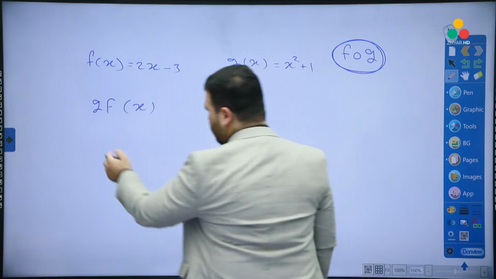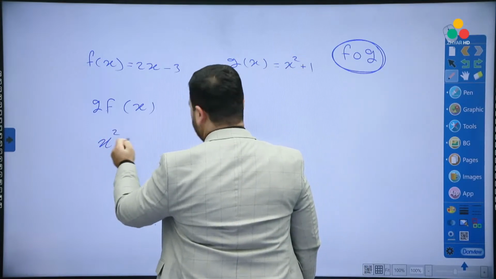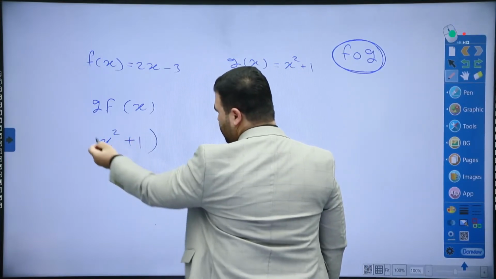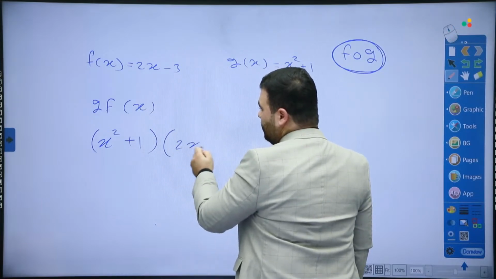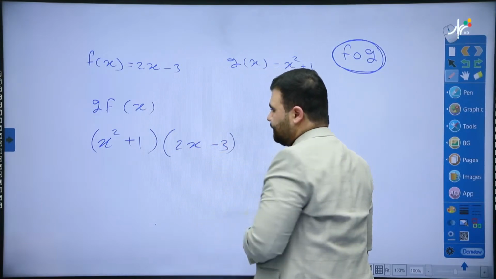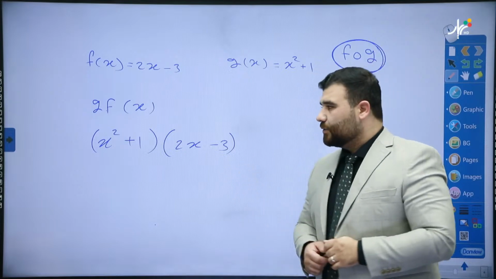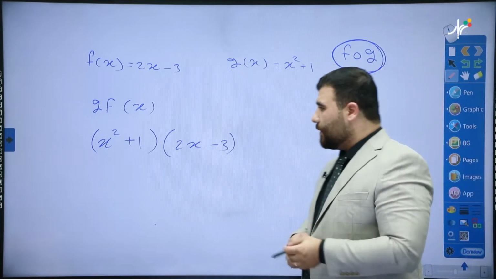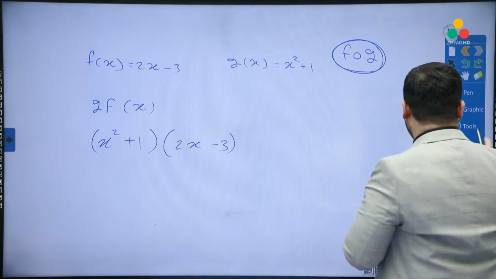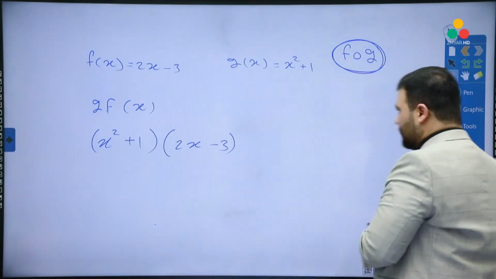It's better to write g first, x squared plus 1. I multiply g completely by f. f is 2x minus 3. Now, to do this, I multiply the x squared by both terms, then multiply 1 by both terms. Then if we have like terms, we add them together.